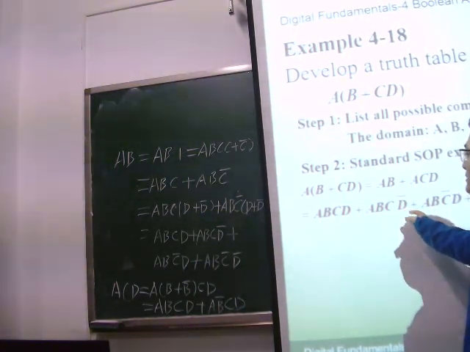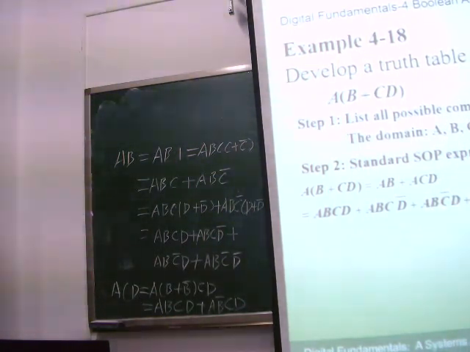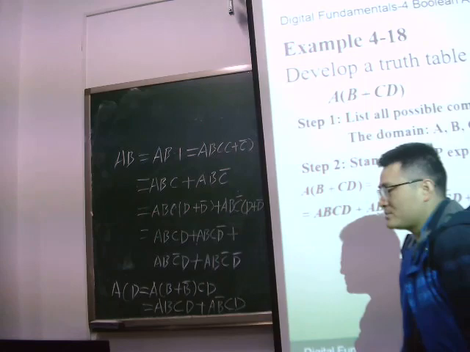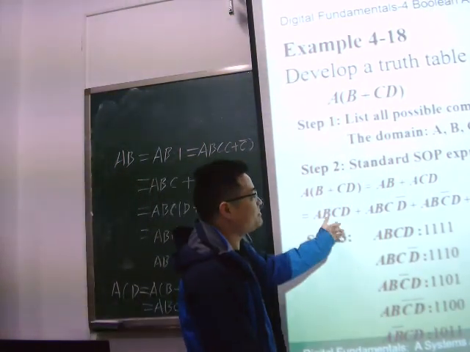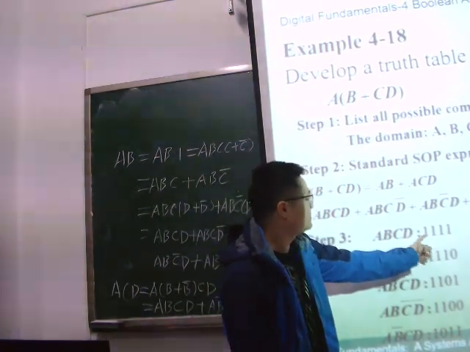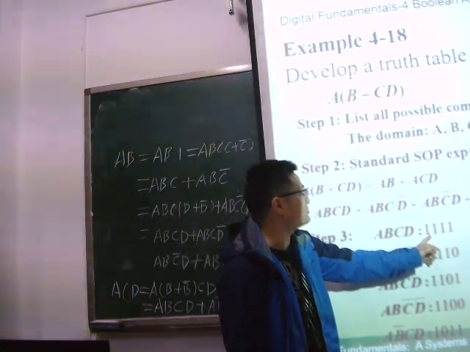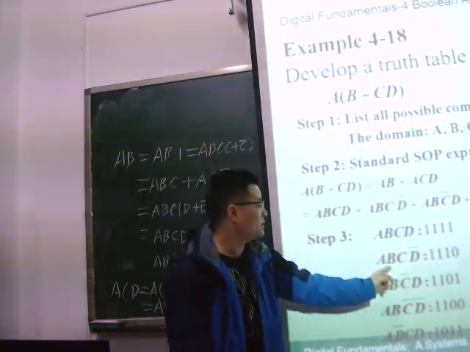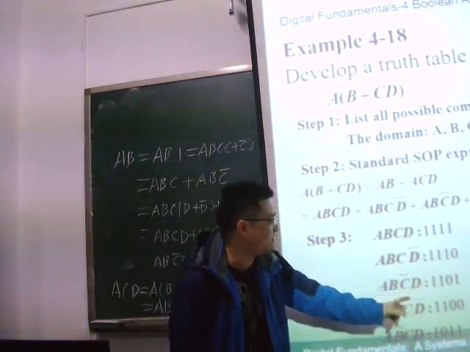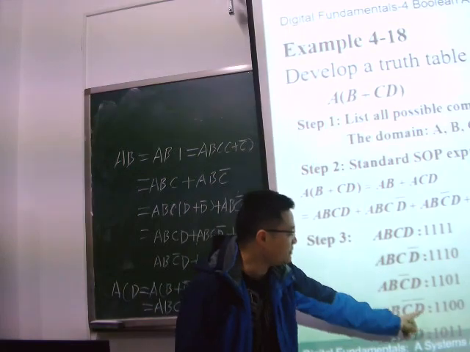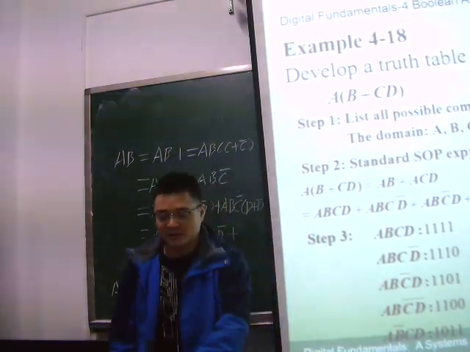5 standard product terms. And then step 3, ABCD binary representation is 1 1 1 1 and 1 1 1 0, 1 1 0 1, 1 1 0 0, 1 0 1 1, right?